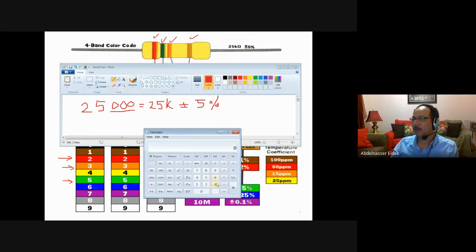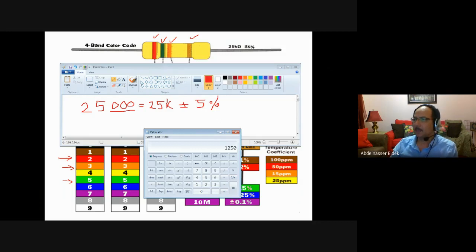What's 5%? 5% is 5 over 100, times 25,000, equals 1250. So this is the tolerance. This is the error. So this is the expected error.